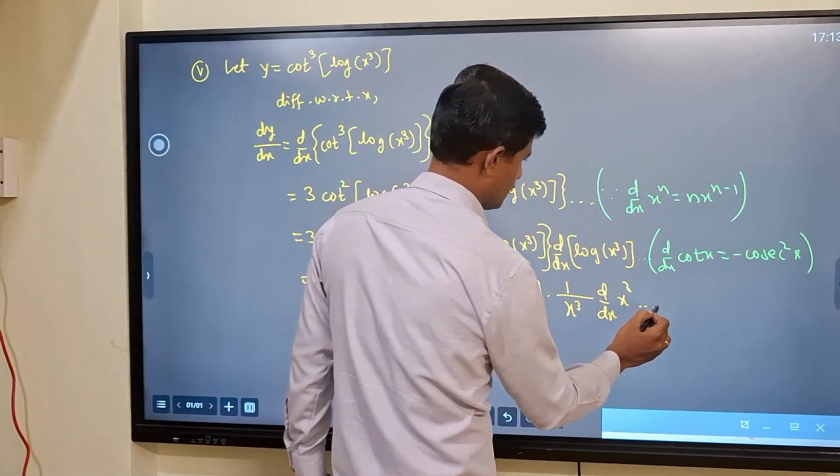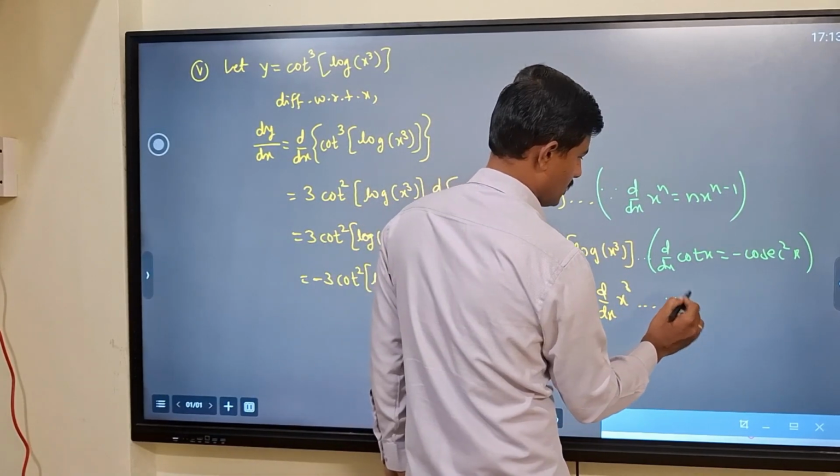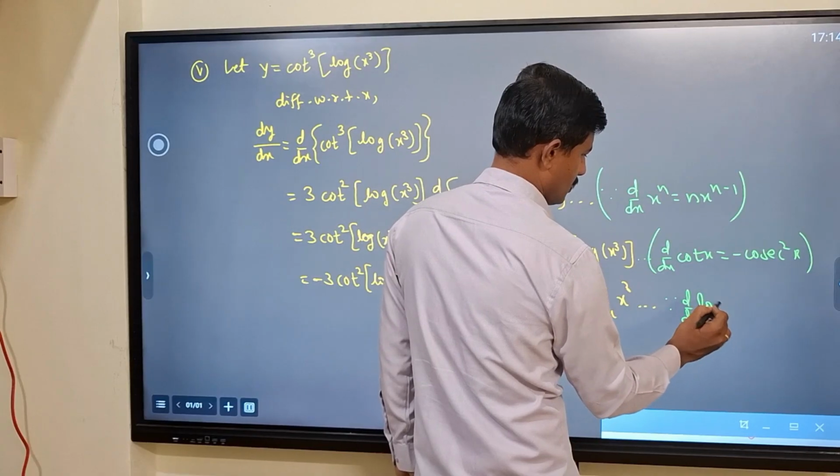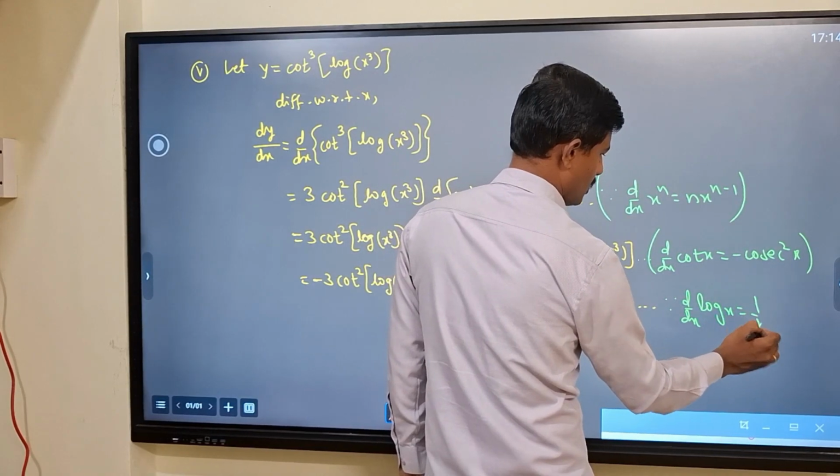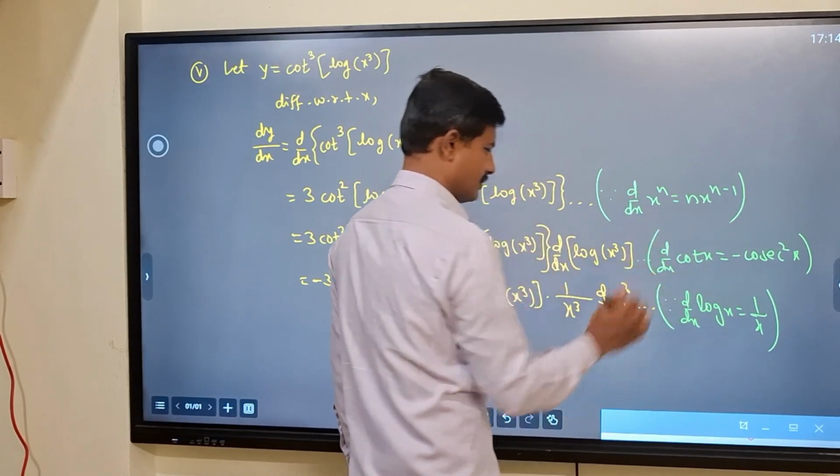One step will increase. Here we used the formula d/dx of log x is 1 upon x.